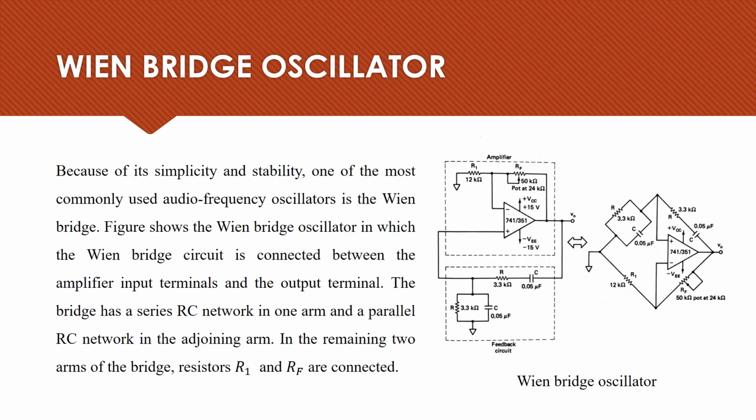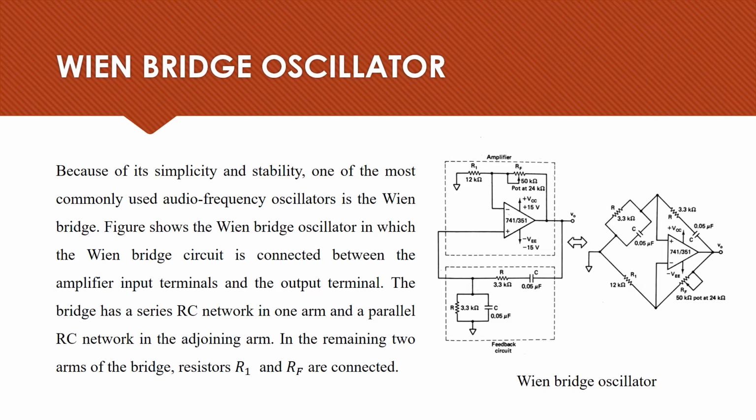Now if we want to make a Wien bridge oscillator, this is the circuit. Because of its simplicity and stability, one of the commonly used audio frequency oscillators is using Wien bridge. The figure shows the oscillator in which Wien bridge is connected between the amplifier input and output terminals. The bridge has a series RC network in one arm and a parallel RC network in the adjoining arm.